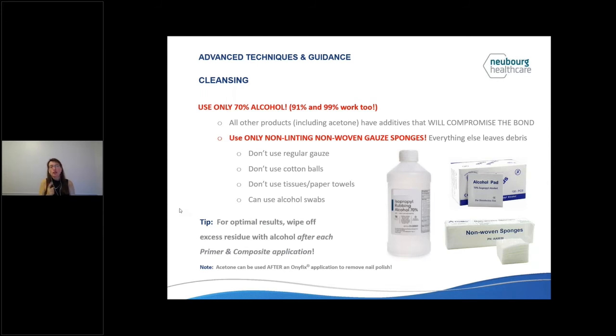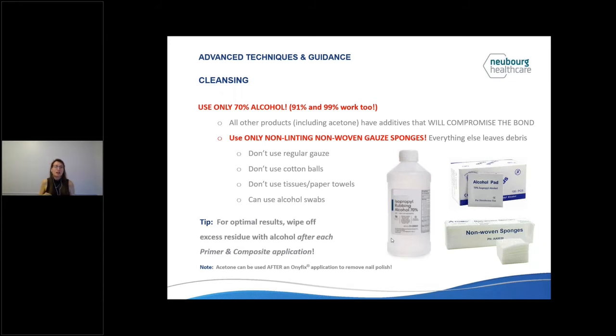Also, very important not to use any type of linting gauze or applicator. So use ideally non-linting, non-woven gauze sponges, which are available from every medical and beauty supply place on the planet. You can also use the little pre-packaged alcohol prep pads, because those are non-linting as well.